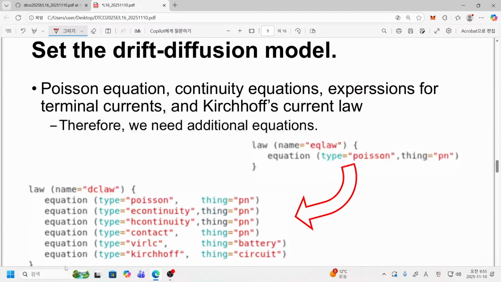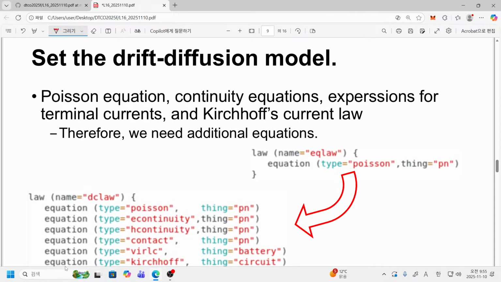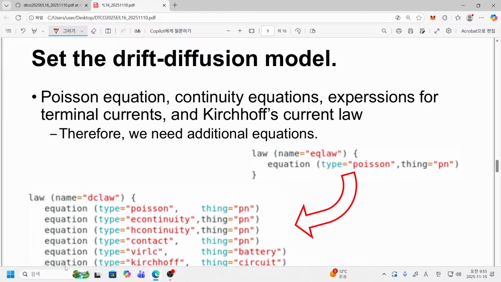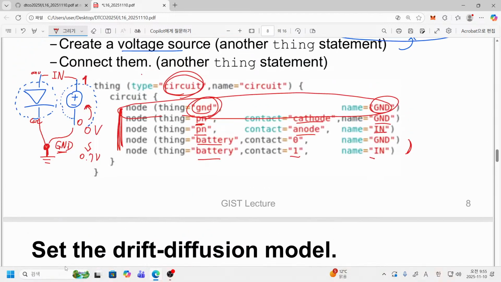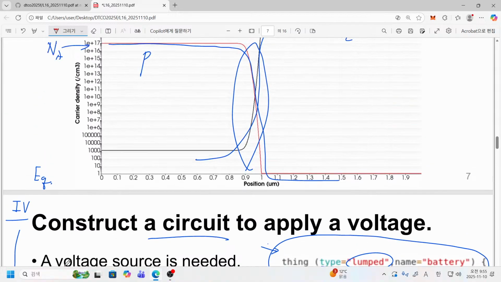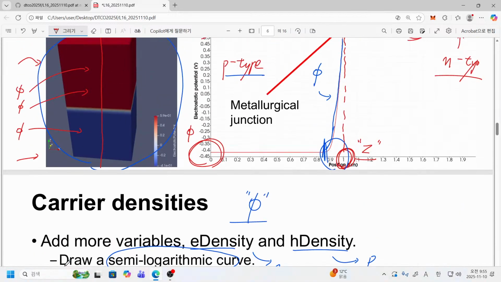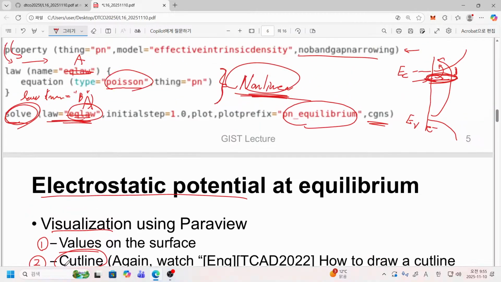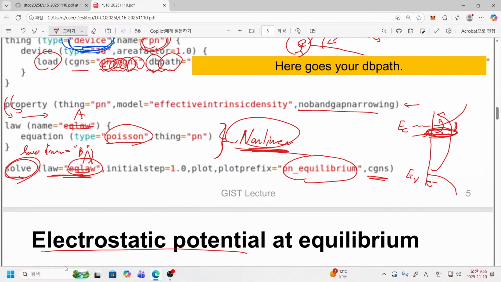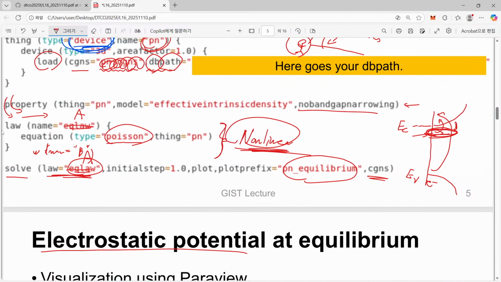And now we must specify our equation which is suitable for our IV characteristics. You can ask me this question: already we have assigned a law called EQ law, which was quite successful in analyzing our PN junction, so why do we need another physical equation?